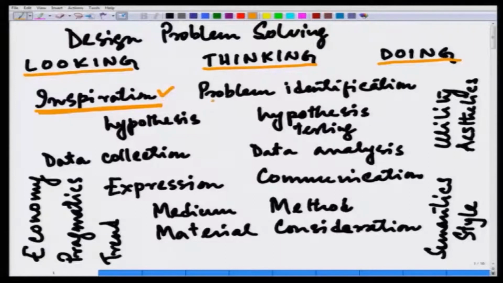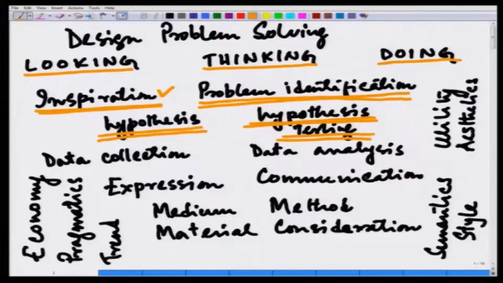When we say we are identifying a problem, we go by a process that is problem identification. This is also an analysis through which we come to certain solutions from our existing knowledge that can be put as hypothesis. Hypothesis is all about how we assume. Our common sense says this can be the possible solution for this particular design problem. But we also need rigorous hypothesis testing, because our assumption may go wrong.